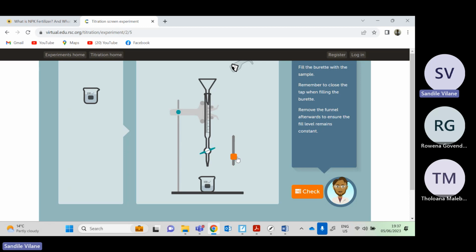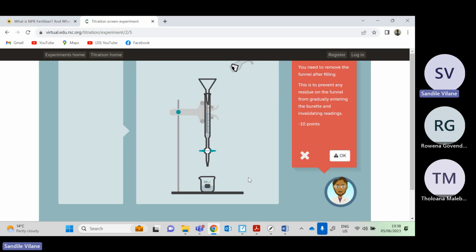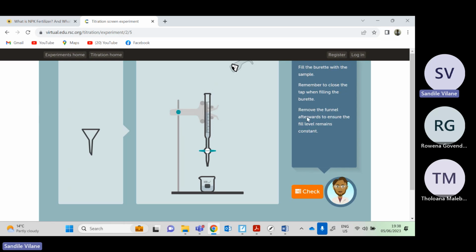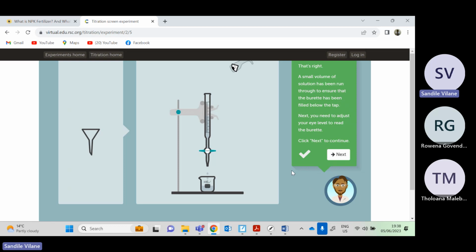So we have to first close the tap so that it doesn't go out. Now we have closed the burette, and then now we are going to fill it with the sample water. Oh no, wait, what did I do? You need to remove the funnel. Oh, okay.